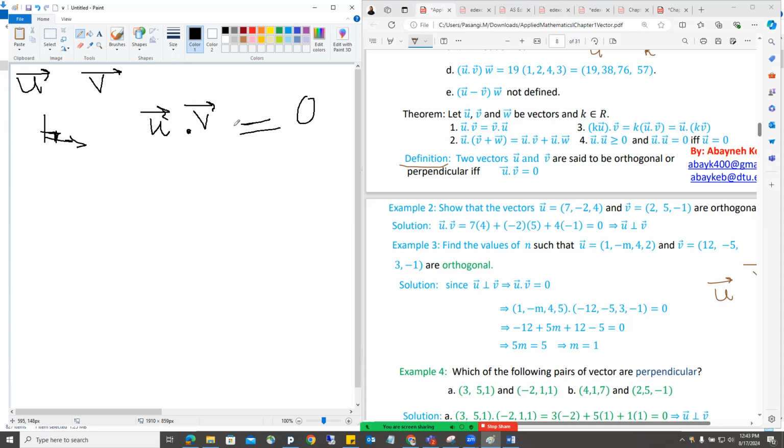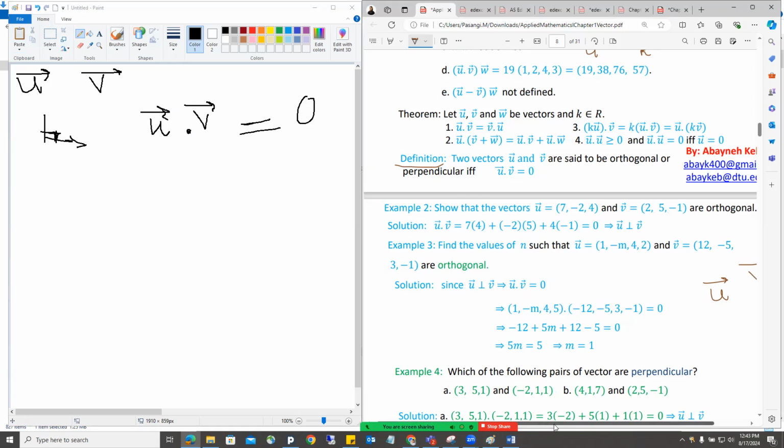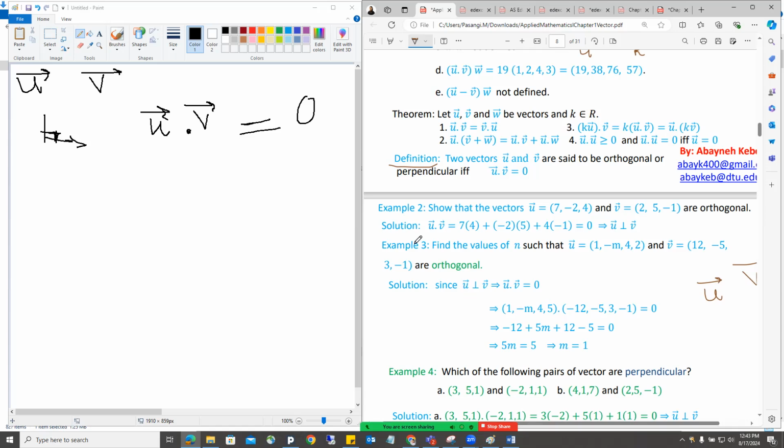That is only if these two vectors u and v are perpendicular or orthogonal. Now look at this example. Check whether it's clear for you.